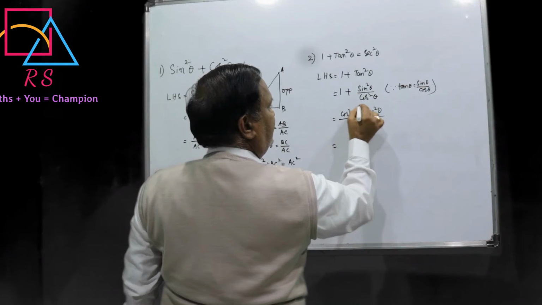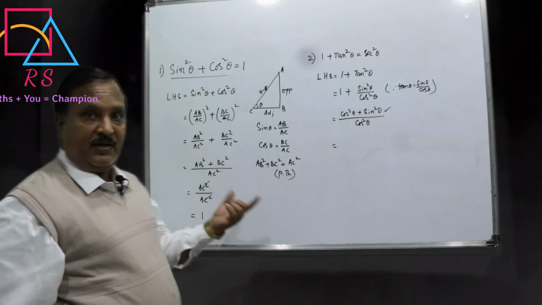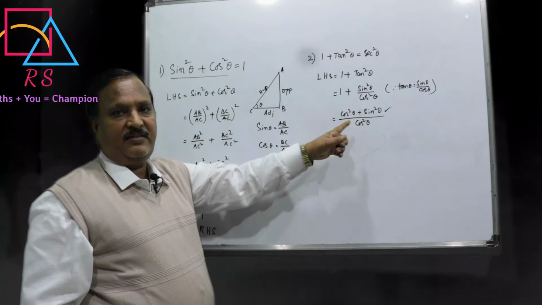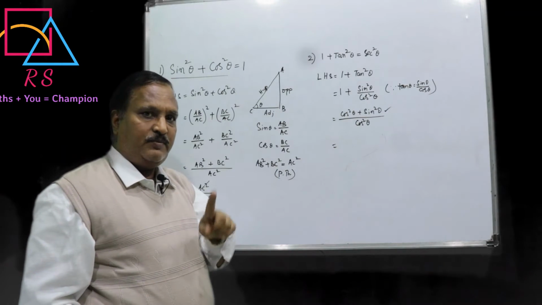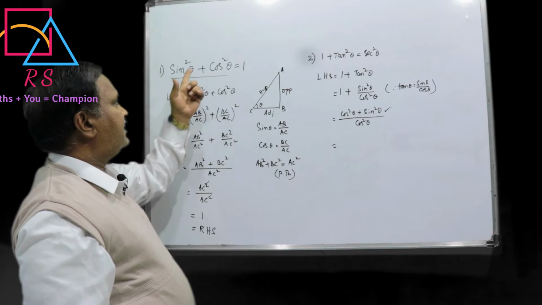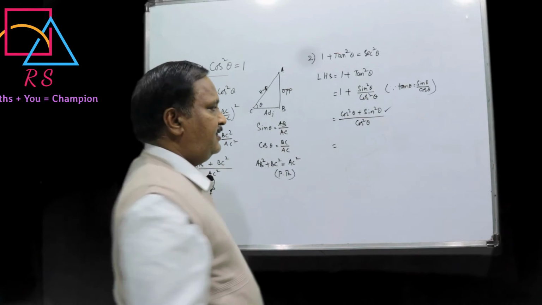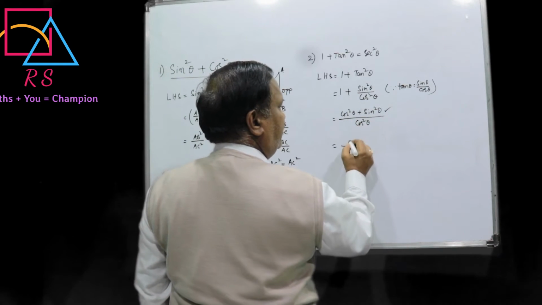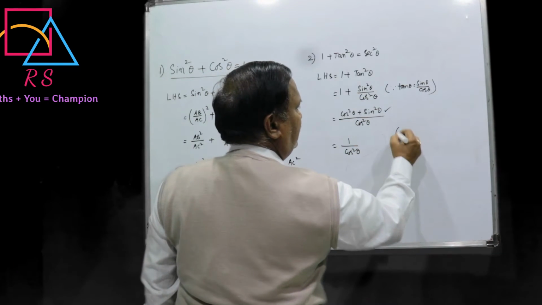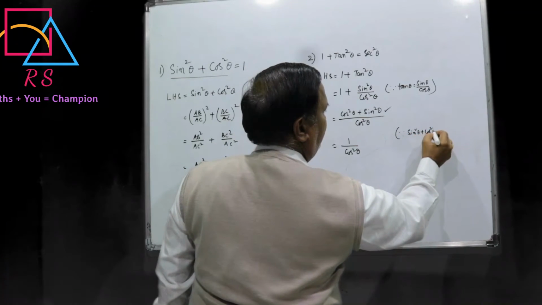The numerator is nothing but the formula, but the order is changed. No problem, a square plus b square or b square plus a square are the same. So we replace the numerator with 1, because sin square theta plus cos square theta is equal to 1.